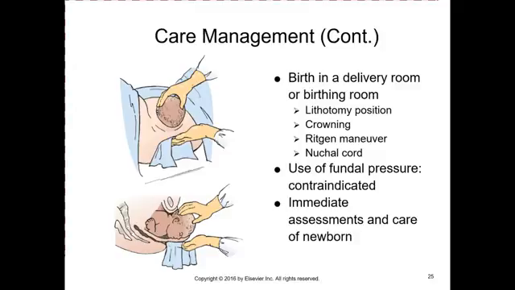Way back, it used to be used when patients were put to sleep, and at one time it was thought beneficial if you had a shoulder dystocia, to kind of help push the baby out from above. But what we find is it further impacts the baby. When I say impacts, it gets it stuck even further in there. So just know that fundal pressure is contraindicated during a vaginal birth, and it's only used during a C-section.